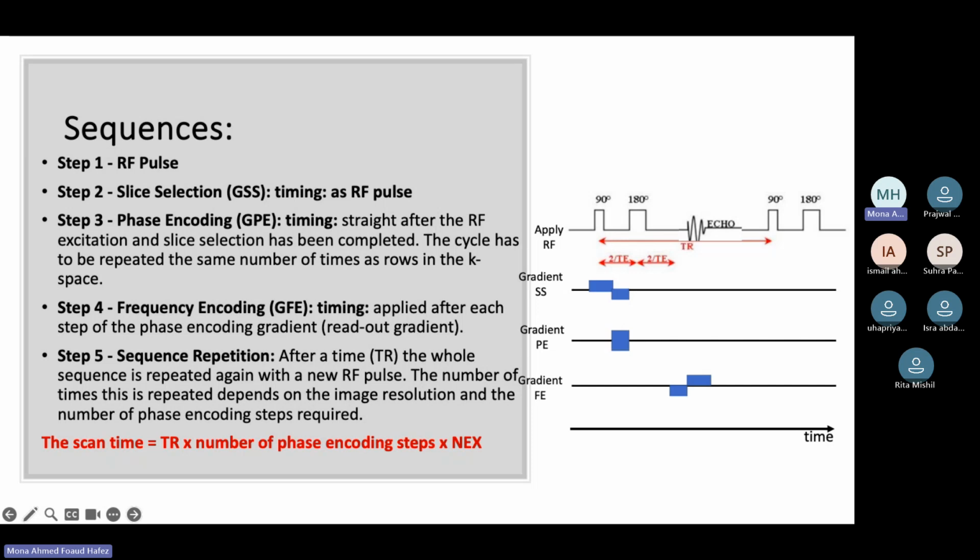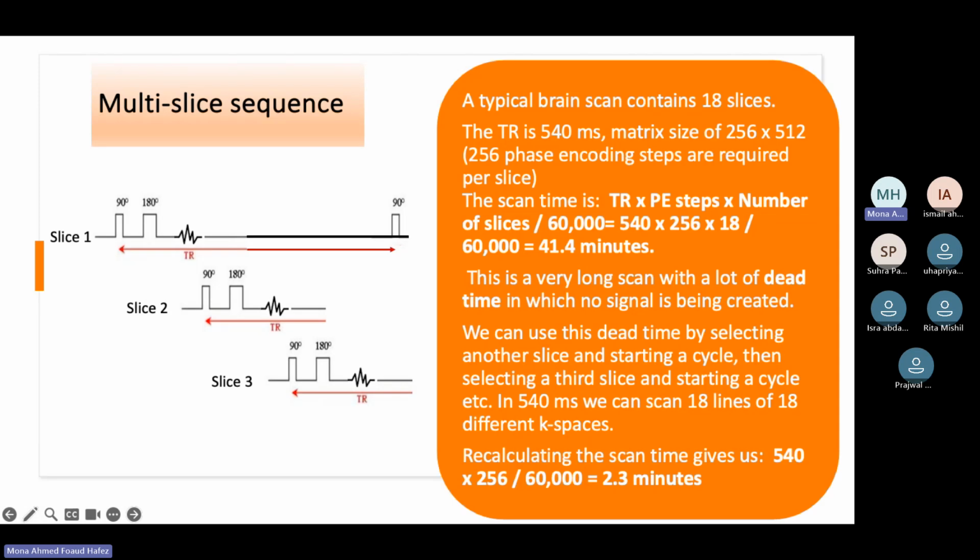The scan time equals TR times the number of phase encoding steps times the number of excitations. So the timing of the scan depends on the phase encoding gradient. Slice selection is applied once at the start, and the frequency encoding after each phase encoding. So the phase encoding is the one that depends on the timing.